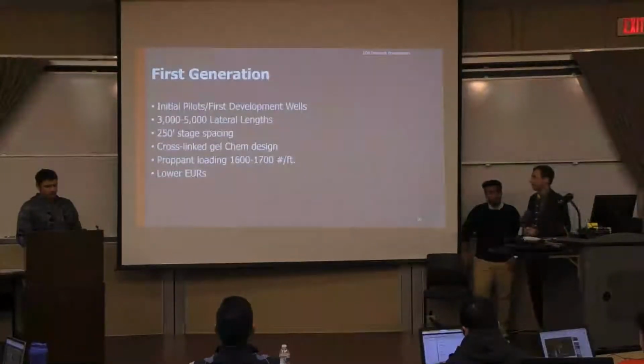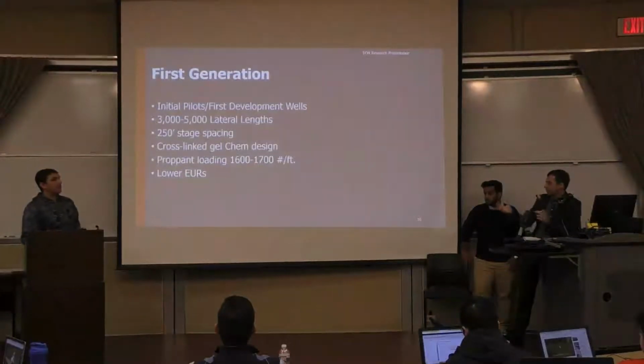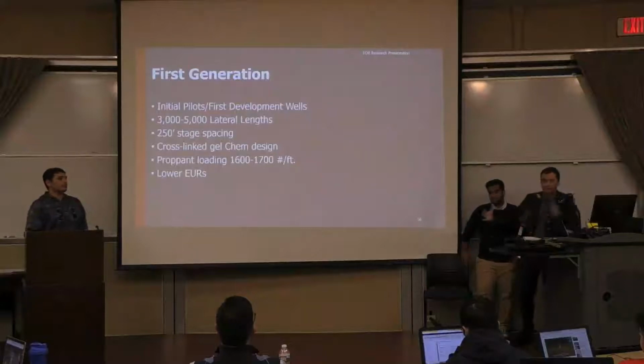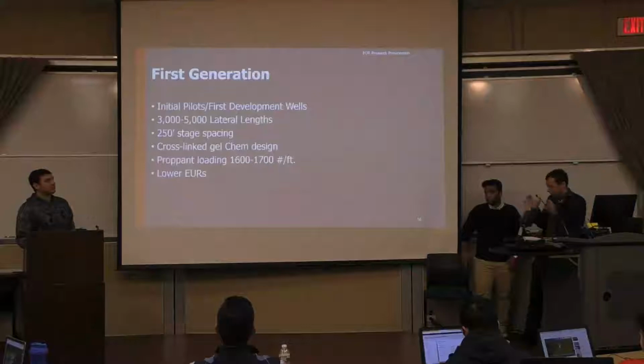The first generation was our initial pilots and first development wells. We had pretty small lateral lengths at this point, about 3,000 to 5,000 feet. Spacing was relatively large. 250 is generally what we said here, but I also remember seeing wells that had 500-foot spacing. As you can imagine, not very good specifications on your stage spacing.